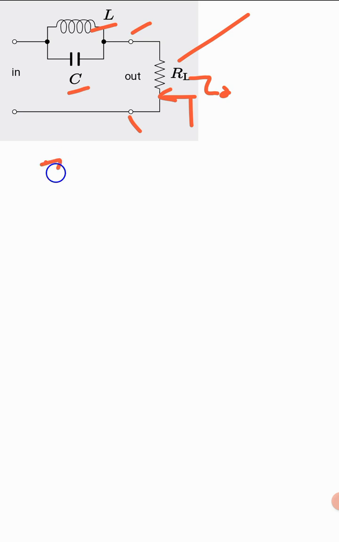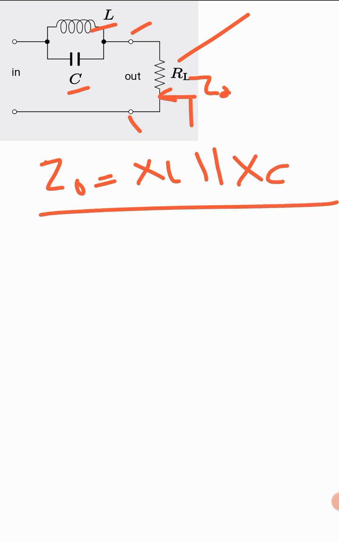So the Z naught would be your XL in parallel with XC. That is your effective output impedance of this network.